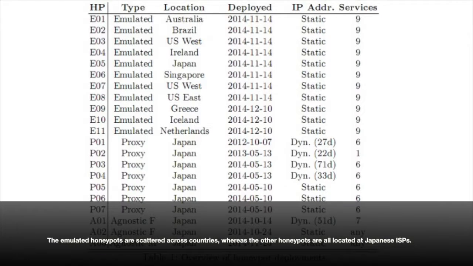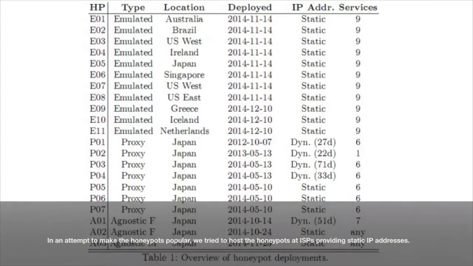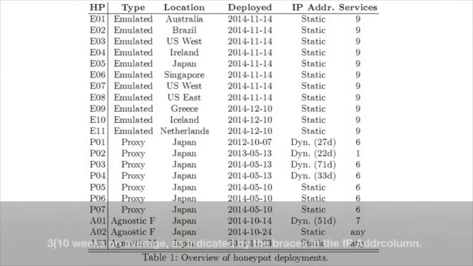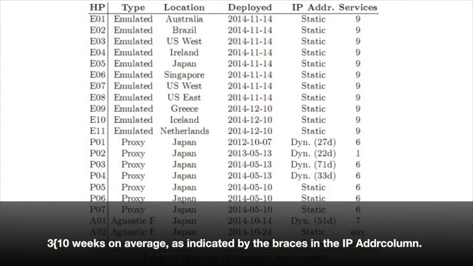The emulated honeypots are scattered across countries, whereas the other honeypots are all located at Japanese ISPs. In an attempt to make the honeypots popular, we try to host the honeypots at ISPs providing static IP addresses. In a few cases, the honeypots have semi-dynamic IP addresses. That is, the addresses change every 3-10 weeks on average, as indicated by the braces in the IP address column.